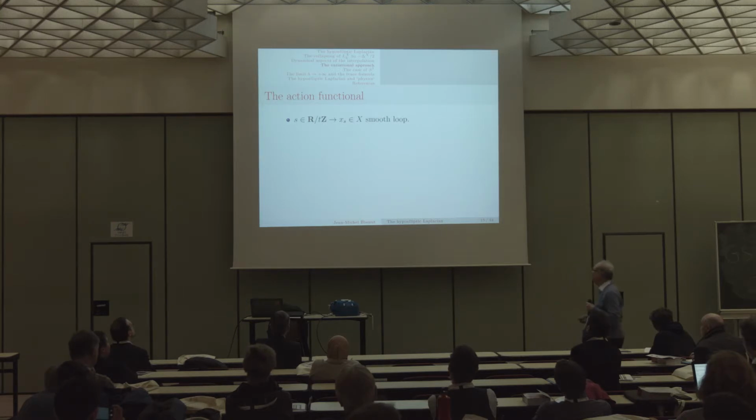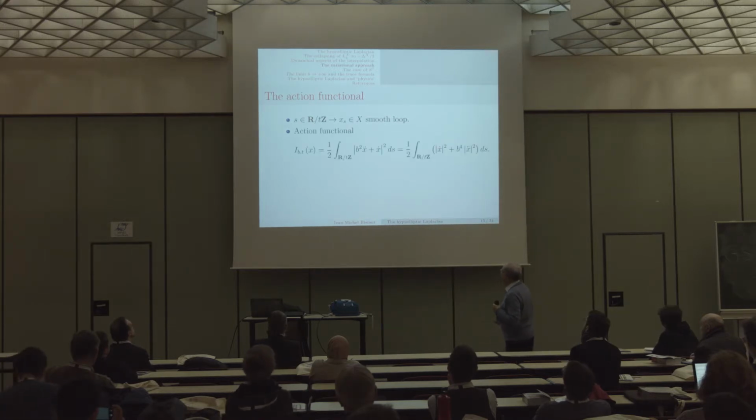If you take T equals 1, that's just parameterization by the circle. I introduce an action functional of a given loop, which, on the right-hand side, is a deformation of the so-called classical energy of the loop.